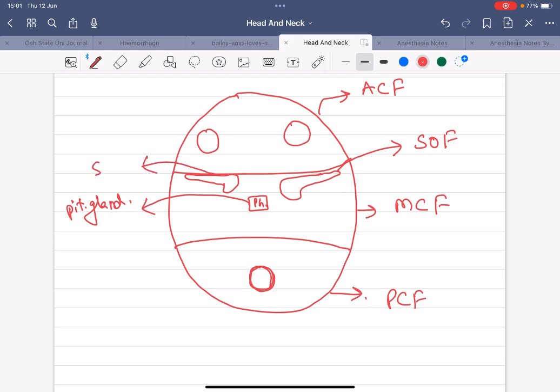This is your lesser wing of sphenoid bone. This is the greater wing of sphenoid bone. So if anyone asks where the superior orbital fissure is forming, it is forming between the lesser wing and the greater wing of the sphenoid bone.